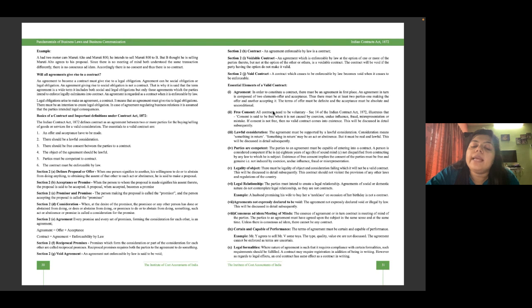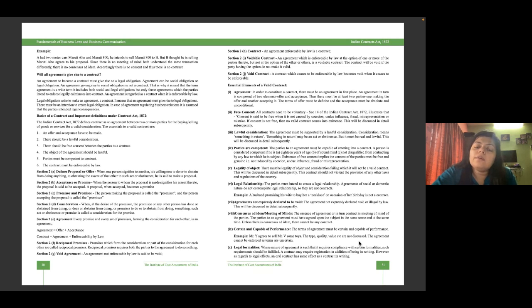Then you have the eighth, which says consensus ad idem, where you have to meet the minds. Whereas the remaining talk about consensus ad idem, the certain and capable of performance test which is employed on the parties, and legal formalities. All of these constitute a valid agreement.